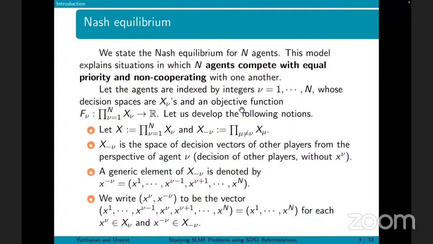We let capital X be the space of decision vectors of all agents, for each agent nu, and X minus nu is the space of decision vectors of the other players from the perspective of agent nu. Their generic elements are denoted by this.